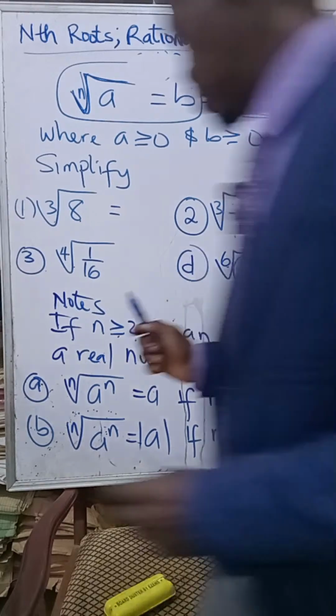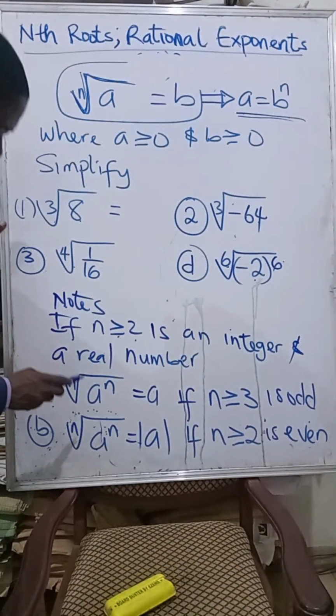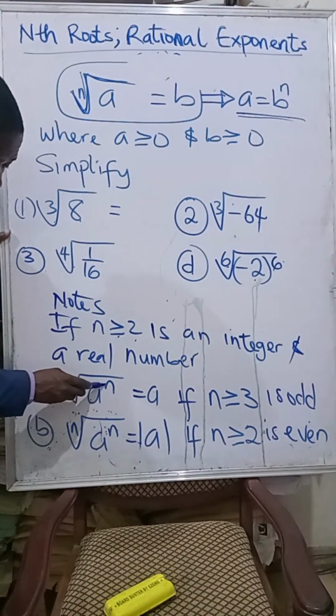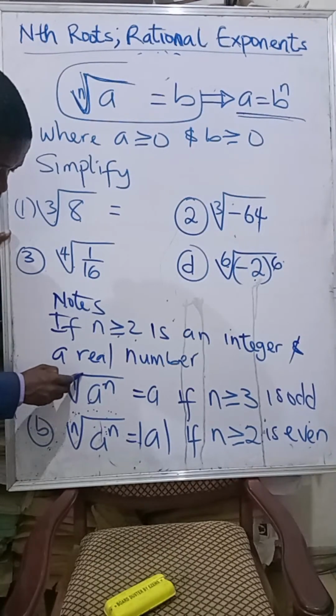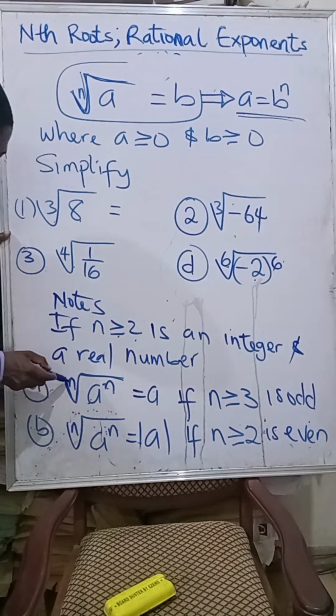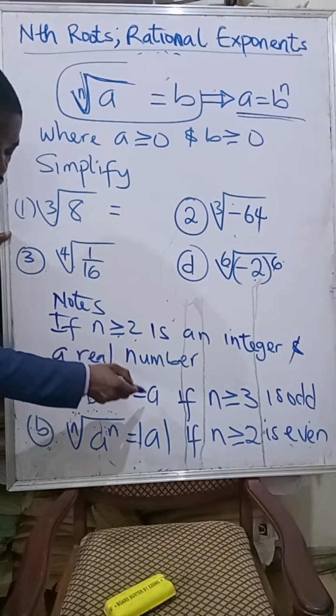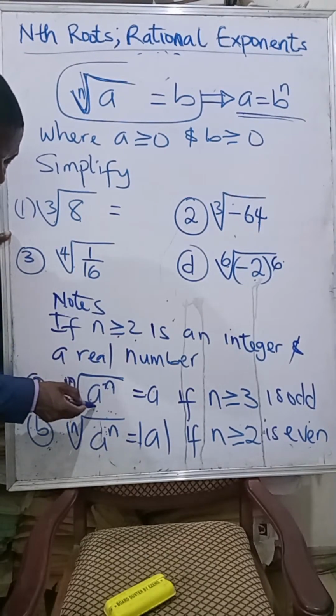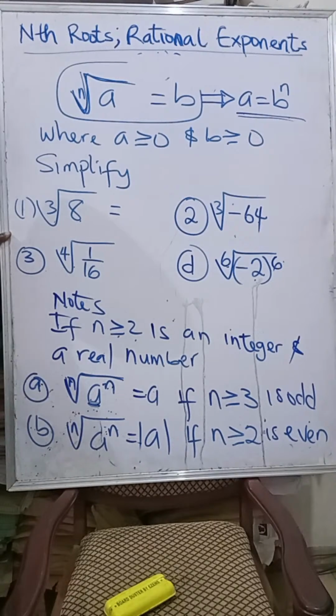Look at the point here. If you have a to the power n, and then you have the nth root, very simple. If the power and the one that is inside the root are the same, it's going to give you a, the base inside.